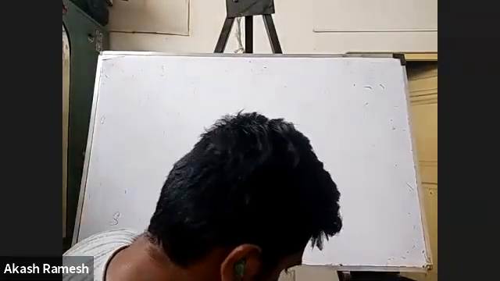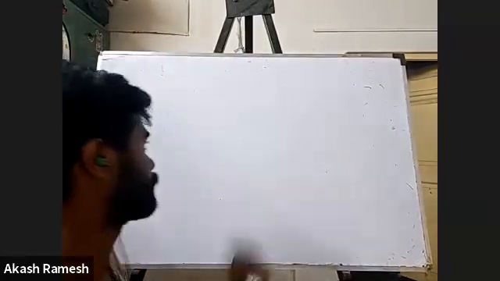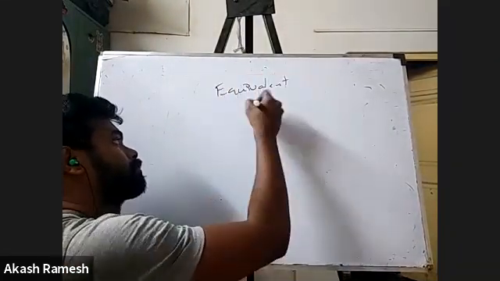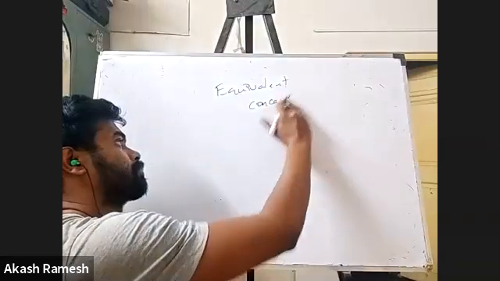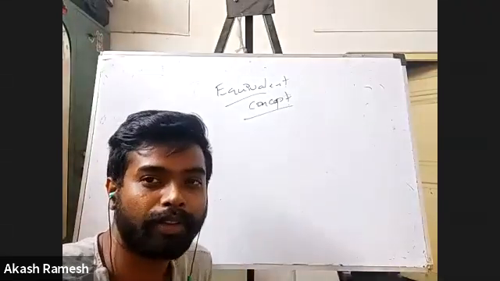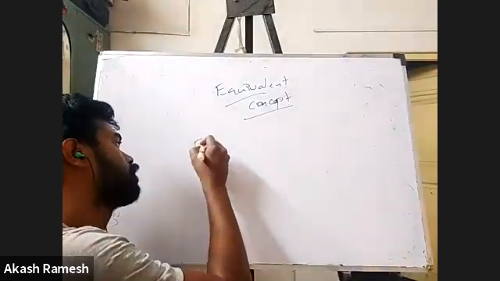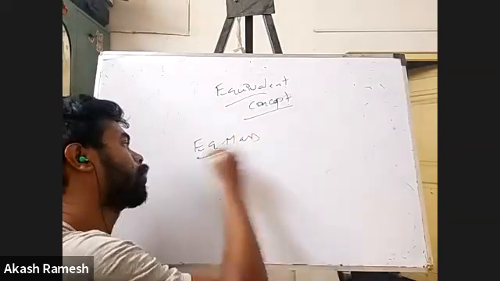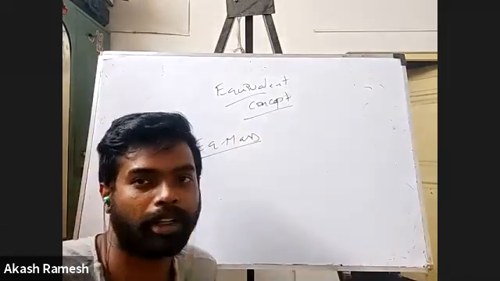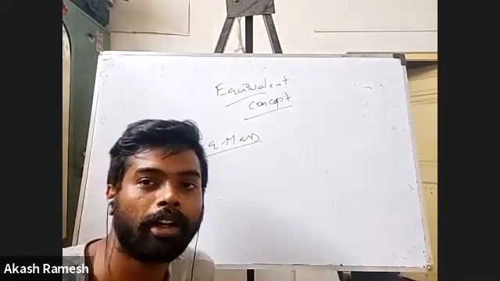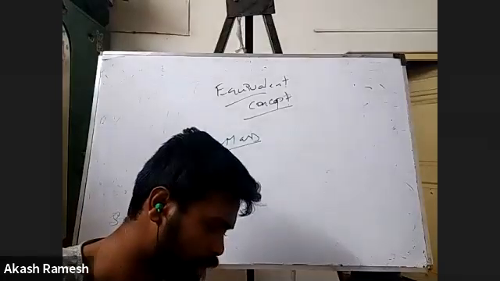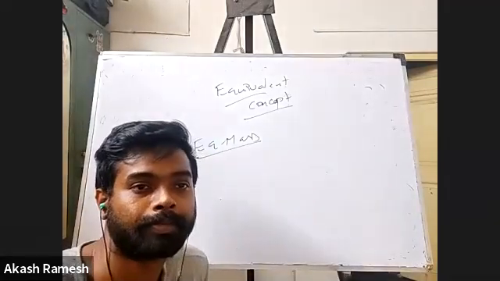So first we have to know what equivalent mass is. Take down the definition. It's similar to your molecular mass, but there is a little difference. Please take down the definition for equivalent mass.